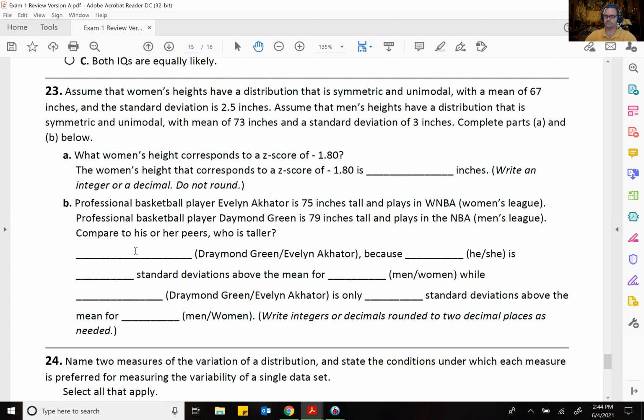She is blank standard deviations. How many standard deviations? 3.2. It does say integers are 2 places, so I'm going to put 3.20 since it is an actual decimal, not an integer. So 3.20 standard deviations above the mean for men or women? Woman.